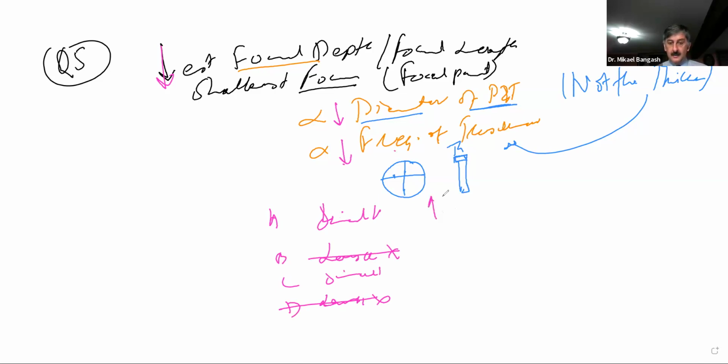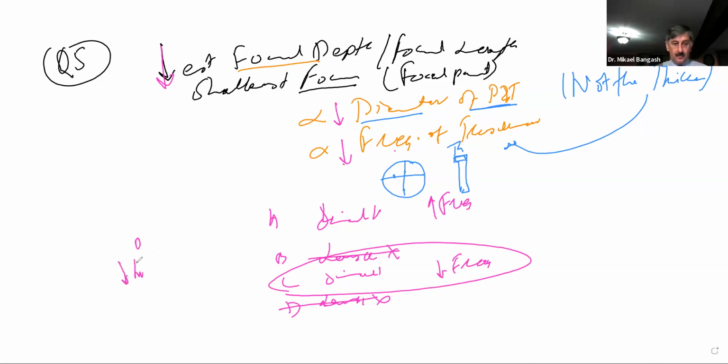A says high frequency, C as in cat says low frequency. So this one here, with a small PZT and a low frequency, will be the one with the shallowest focal point.